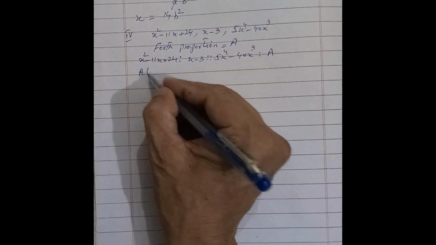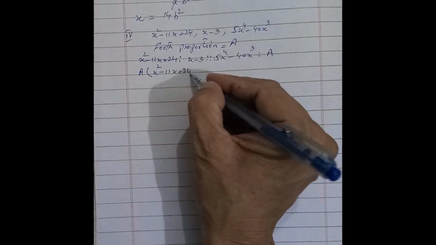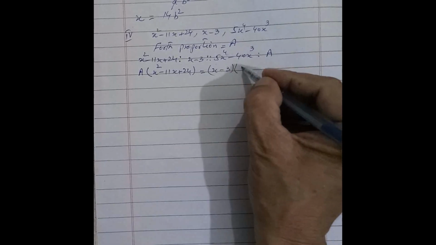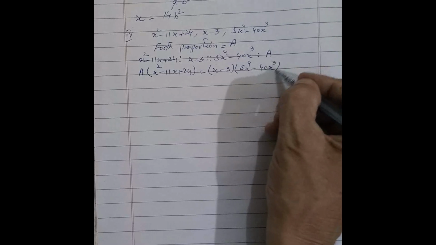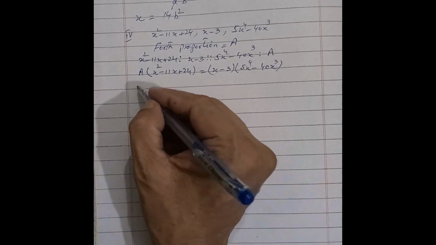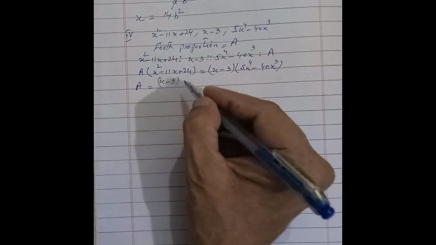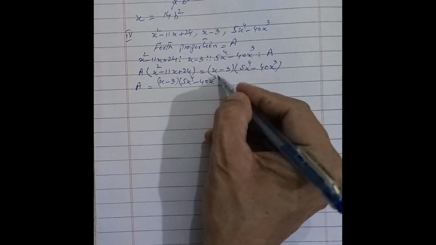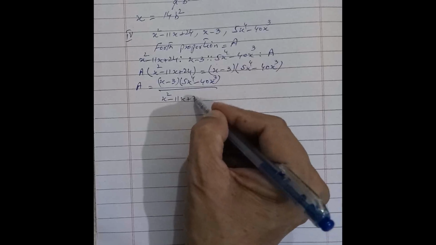So we write A into x power 2 minus 11x plus 24 is equal to x minus 3 into 5x4 minus 40x3. Now we simplify these values, we get A is equal to x minus 3 into 5x4 minus 40x3 over x square minus 11x plus 24.